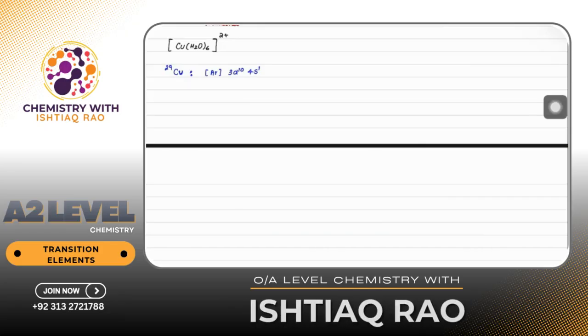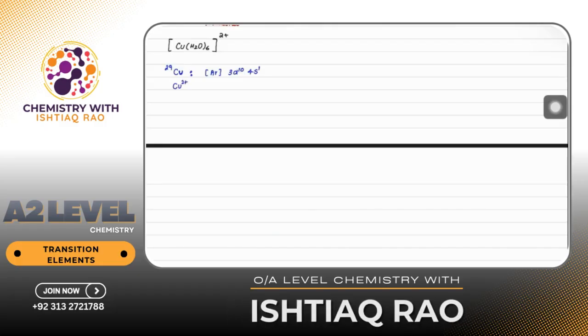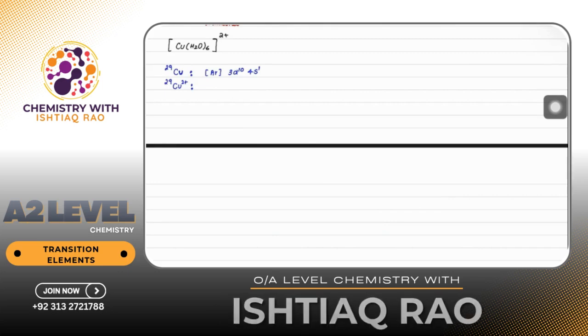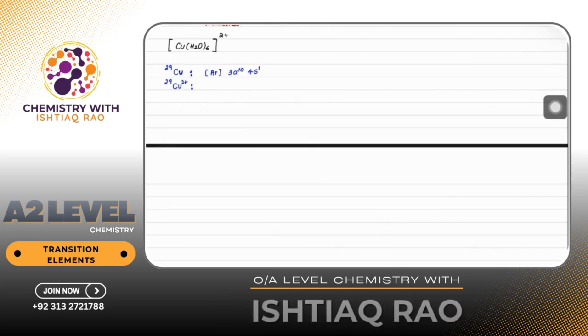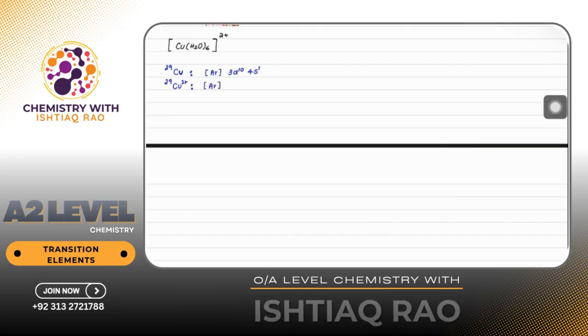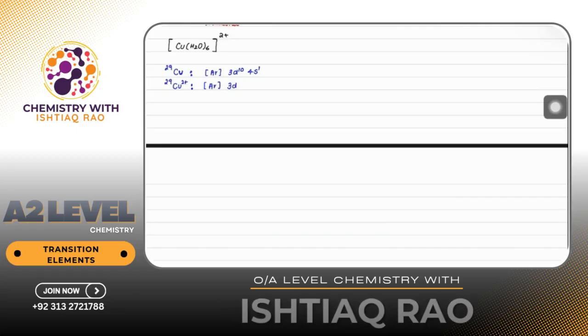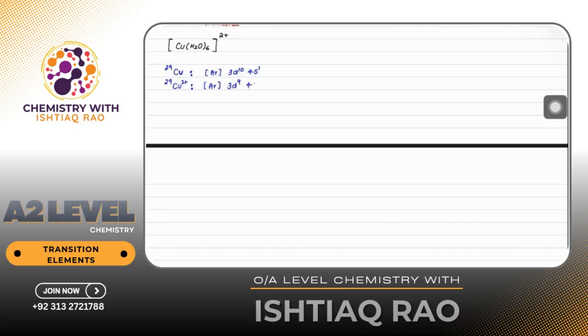So for copper plus 2, again I write argon, that is 18, then two electrons are lost, one from 4s and one from 3d.